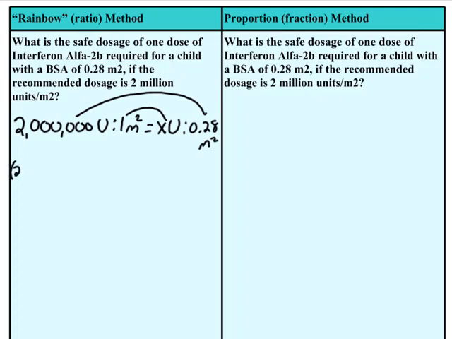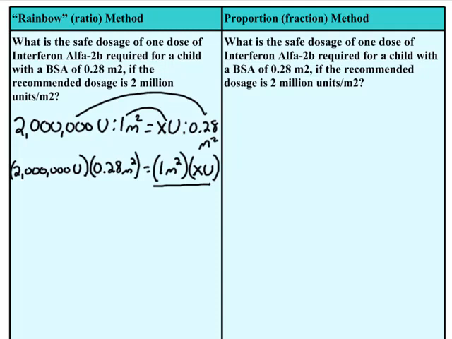That means we need to multiply 2 million units times our 0.28 meters squared and set that equal to 1 meter squared times our unknown number of units. In order to get x by itself, we need to divide both sides by 1 meter squared.